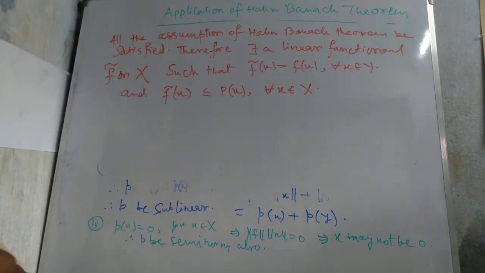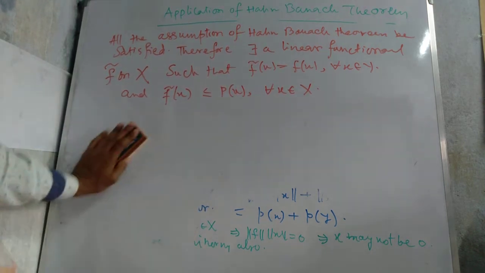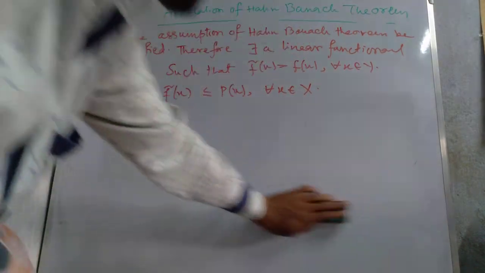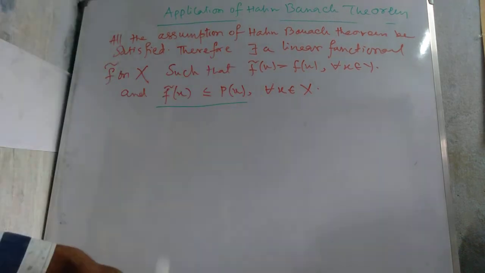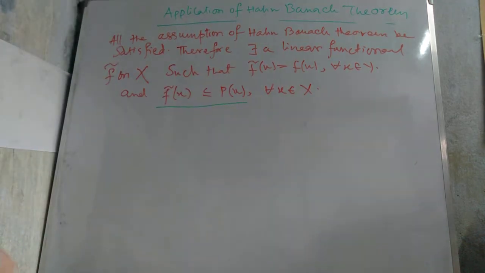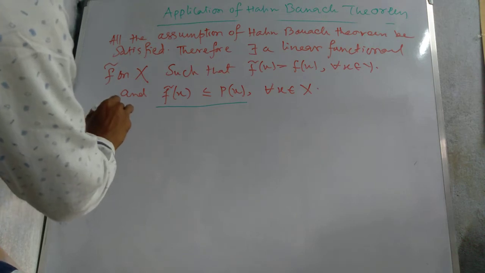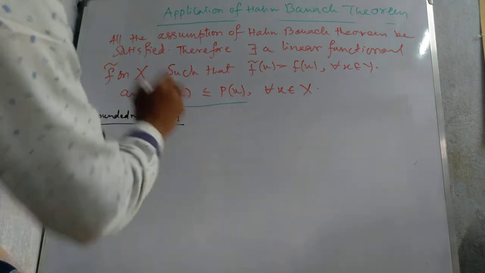Then what do we talk about now? We talk about the boundedness of f tilde. Obviously f tilde is dominated by p(x), this sublinear functional. Now we talk about the boundedness of f tilde.